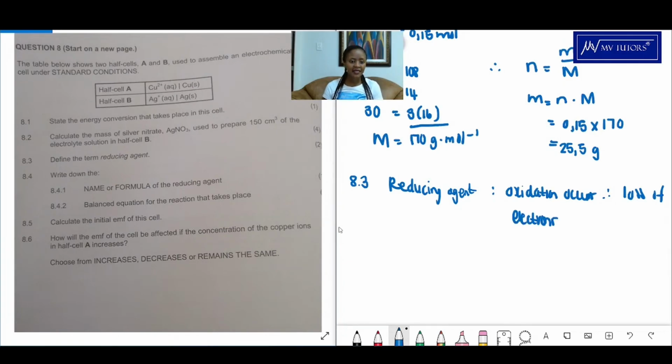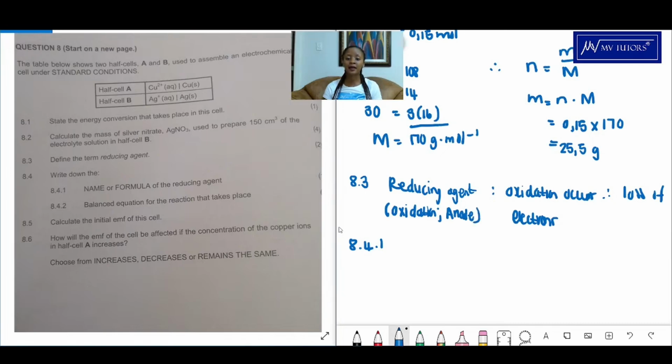Okay, and then 8.4.1. Name or formula of the reducing agent. The reducing agent is basically where oxidation occurs, and that's your anode.